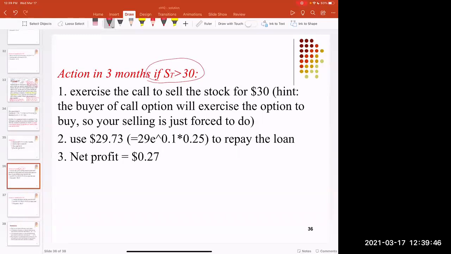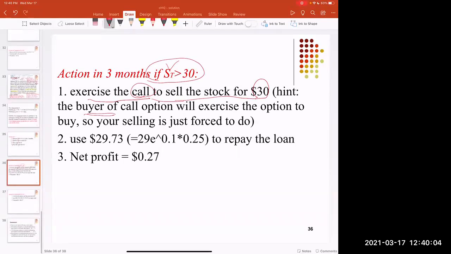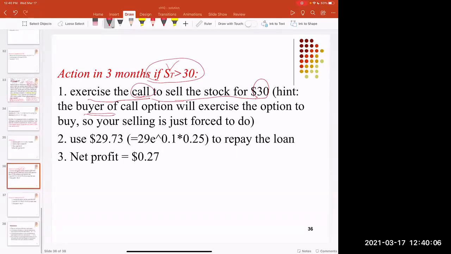Here the call is exercised and you sell the stock for 30. You might ask, if the stock price is higher, why do you sell the stock for 30? Because the buyer will exercise, not the seller, so you are forced to do that.